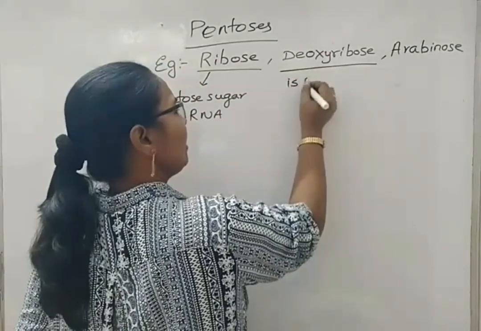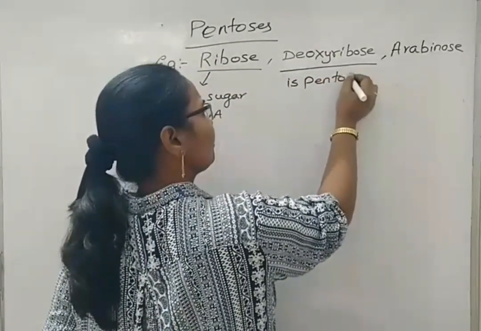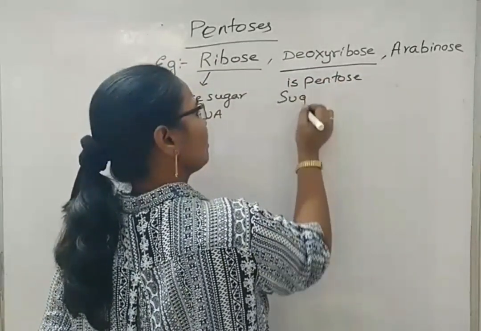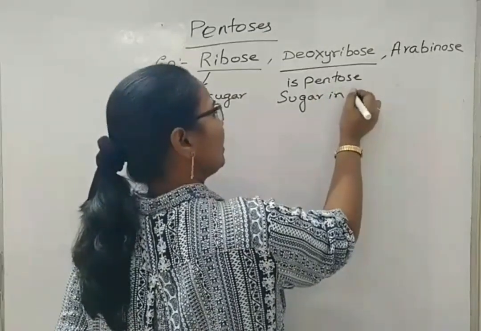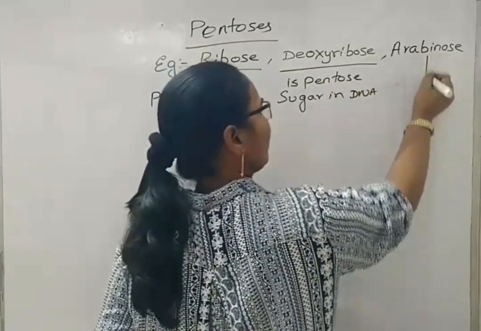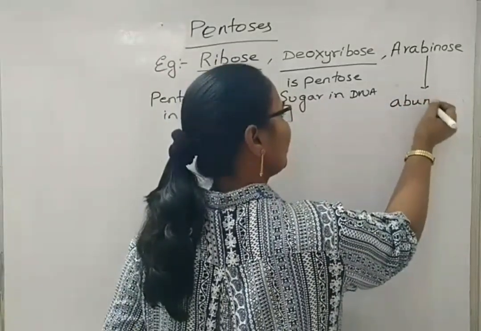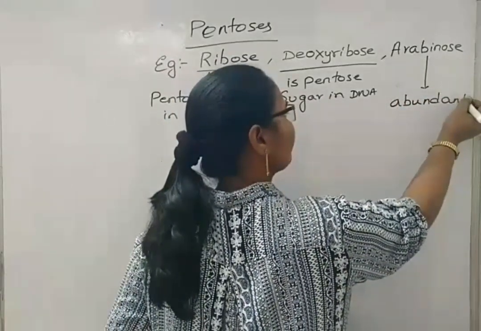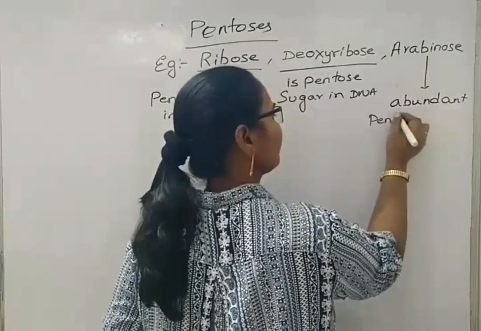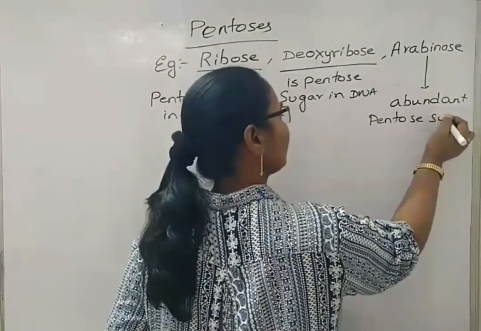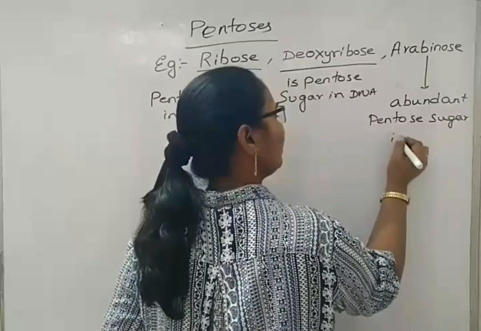Deoxyribose is the pentose sugar in DNA. Arabinose is an abundant pentose sugar in nature.